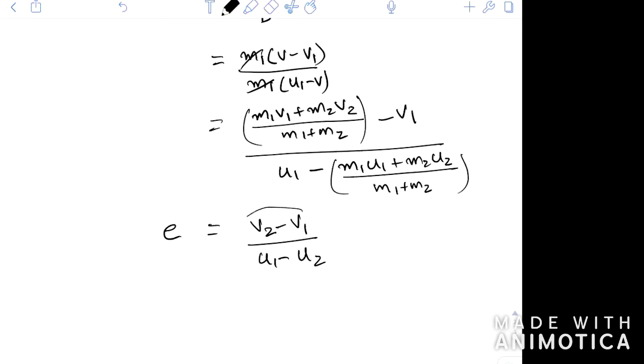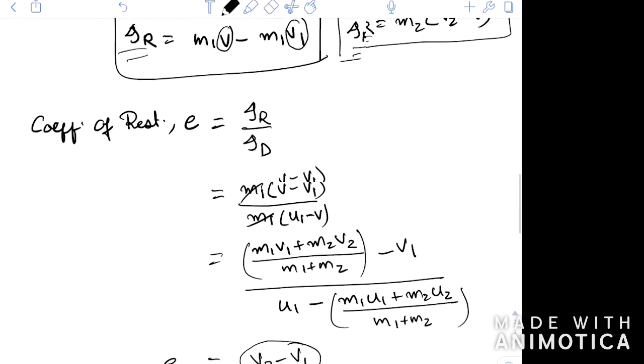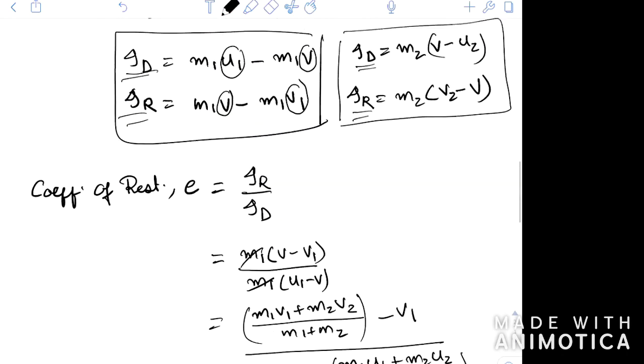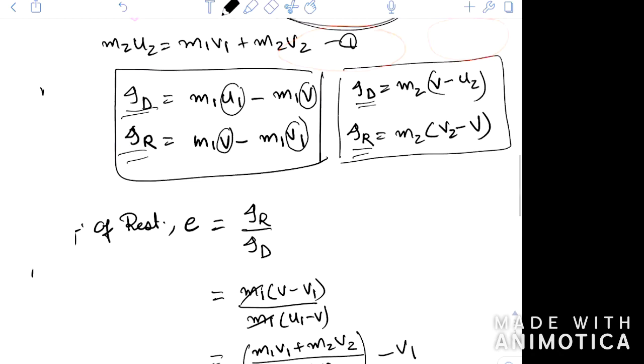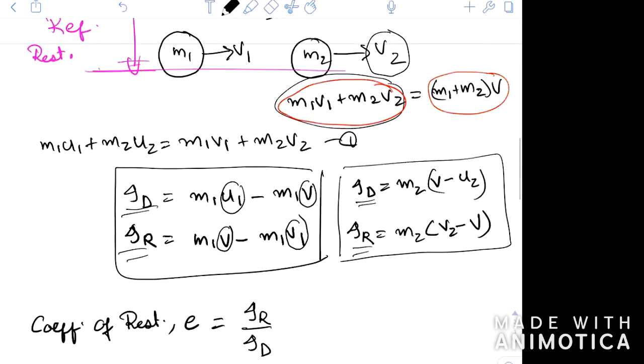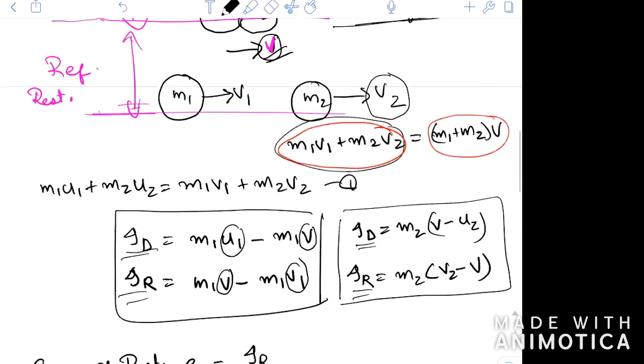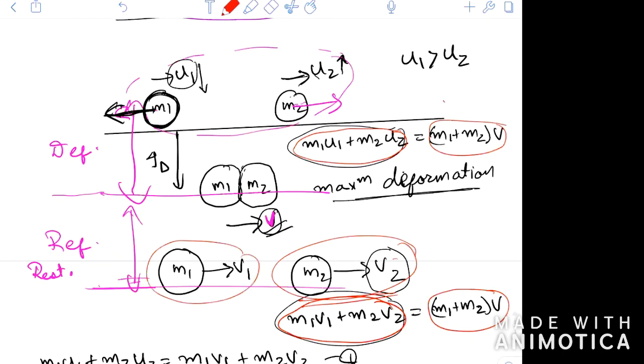Now what is this thing, v2 minus v1? You see, after the collision the second particle is running away with a speed v2, and this one is following it with a speed v1. So v2 minus v1 is nothing but the velocity of separation.